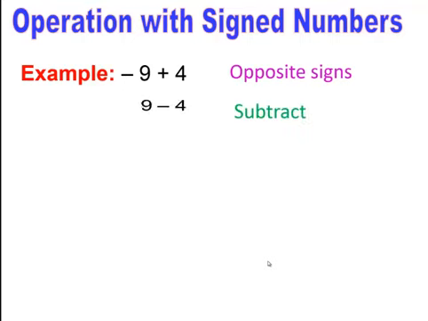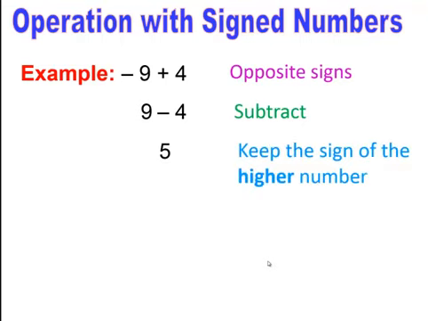So you're always going to subtract the smaller from the larger. In this case, I'm going to take 4 away from 9 and I'm going to get 5. And because my higher number has a negative sign, my answer is going to end up being a negative. So it's very important that you make that decision after you perform the operation. In this case, I end up with a negative 5 as my solution.